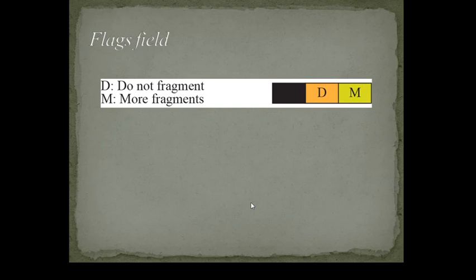So M is the bit that is set; if the bit is set, it means that more fragments are coming, right? D means the data has not been fragmented, or it also means that it is the last fragment. No more fragments are going to come, right? So it will be distinguished with the identification number.